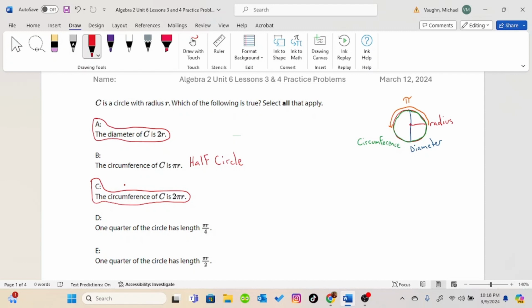So it wouldn't be pi divided by 4, it would be pi divided by 2, because pi is halfway around the circle, so half of that would be pi over 2. Pi r over 4 would actually be 1/8 of a circle.